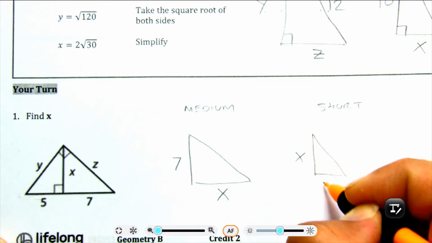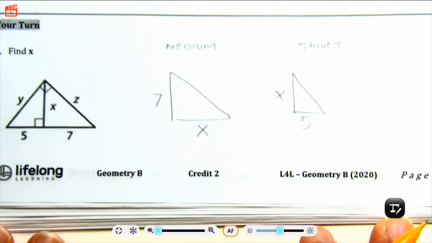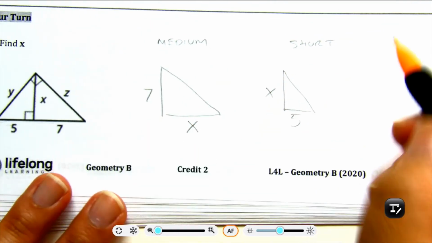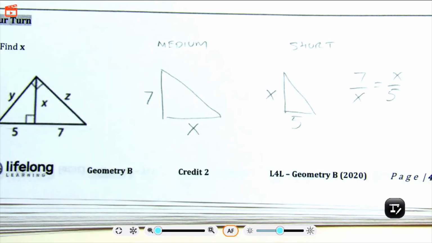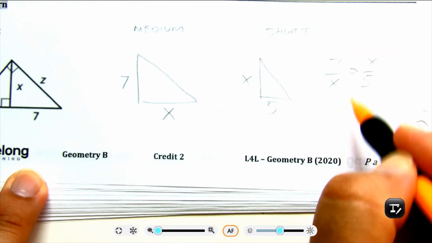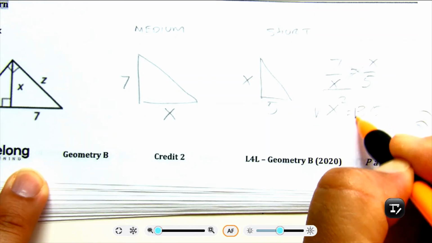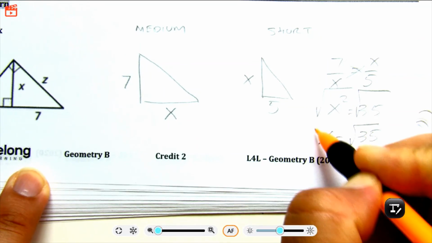Then creating our proportion, we're going to say 7 over x equals x over 5. Cross multiply, and we get x squared is equal to 35, and then take the square root of both sides, and x is equal to the square root of 35. And that answers our question.